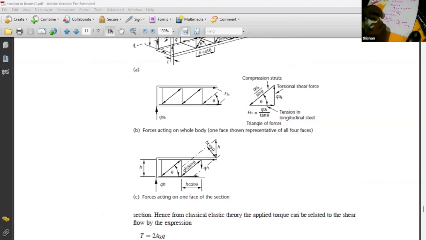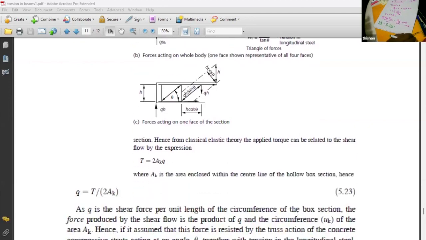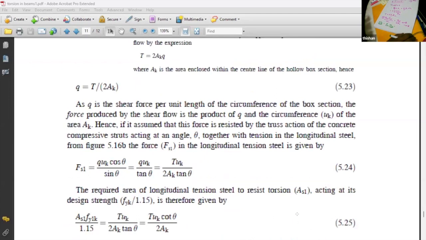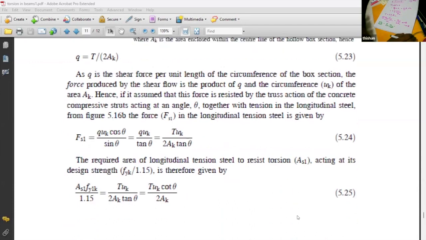So we have this equation, q times Uk divided by tan theta as the horizontal force, and q means T over 2Ak, times Uk over tan theta. That force is resisted by the horizontal reinforcement, that is Asl fyl k divided by 1.15.